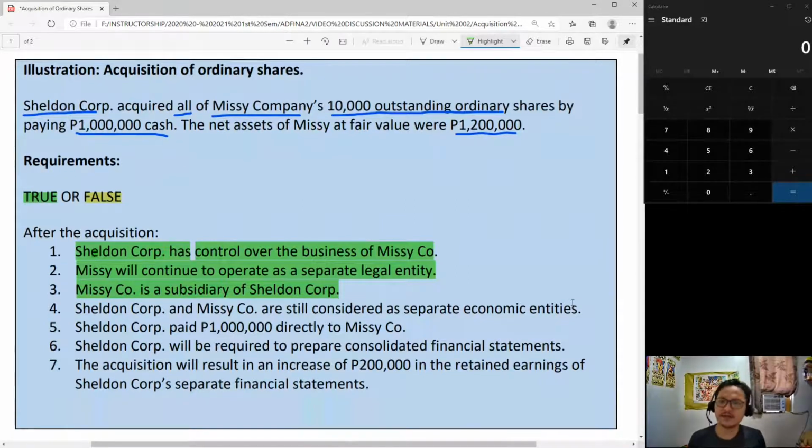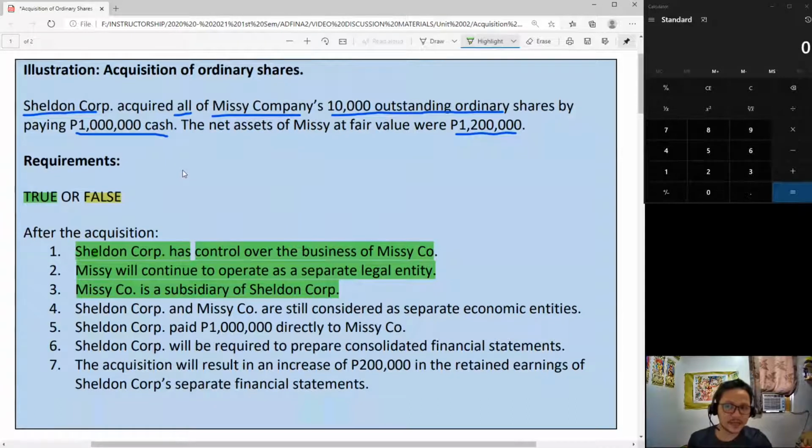IFRS 10 consolidated financial statements view the parent and subsidiary as one economic entity. Technically, one economic entity. Although they are separate legal entities, when it comes to taxation, when it comes to Securities and Exchange Commission reporting, they will report as one.